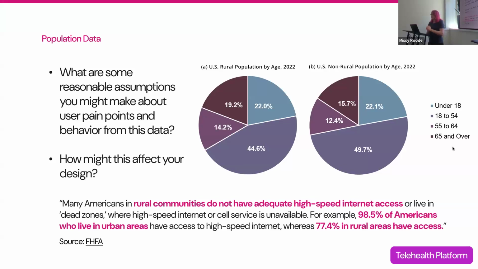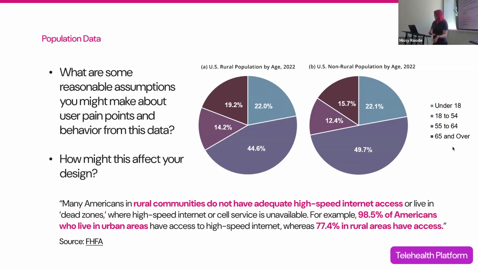What it means is that in a rural area, more of the people are seniors, older adults, relative to the population than in a non-rural area. This helps you understand who lives in those areas and what their needs are. An older user has very different needs and limitations than a younger user, so this will drive us to create different designs for that population.